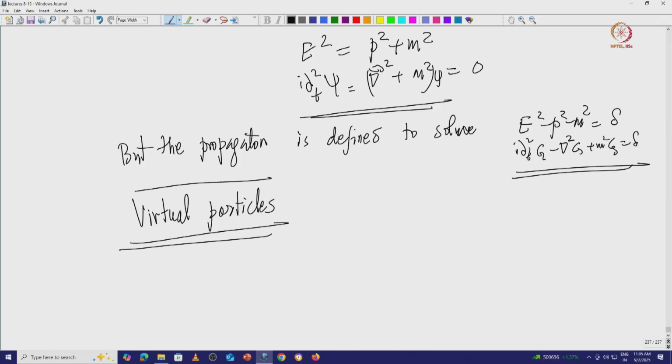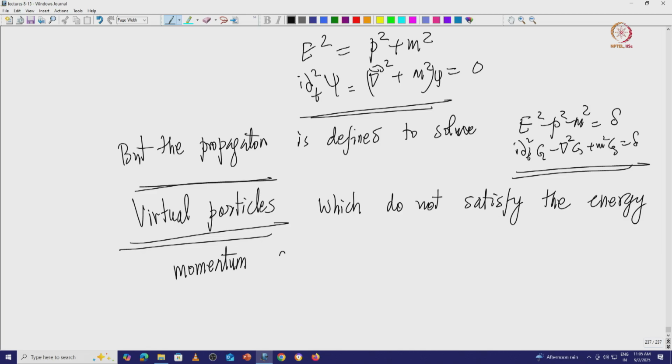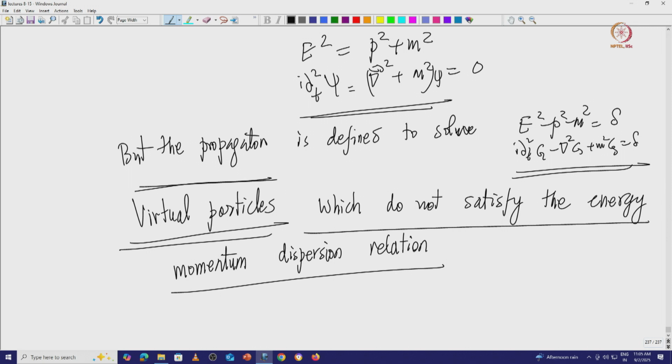Virtual particles do not satisfy the energy momentum dispersion relation.